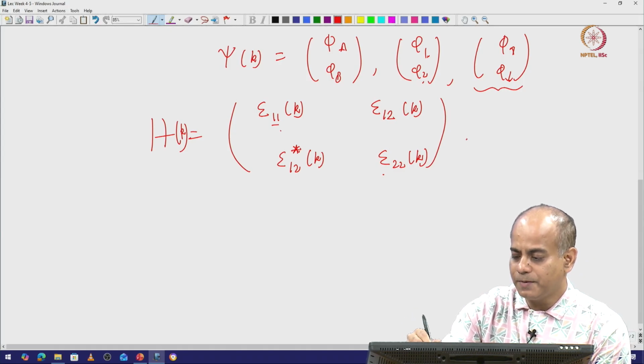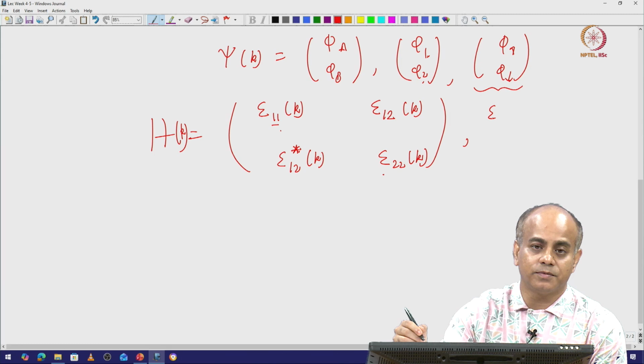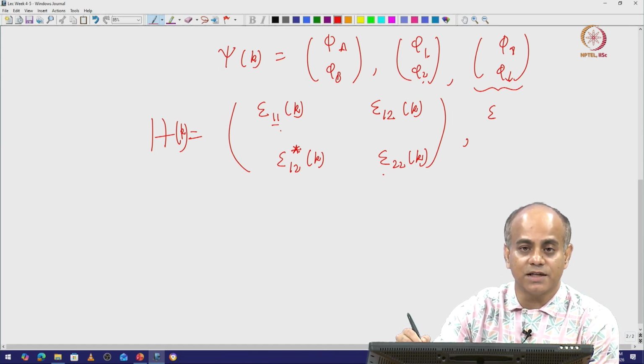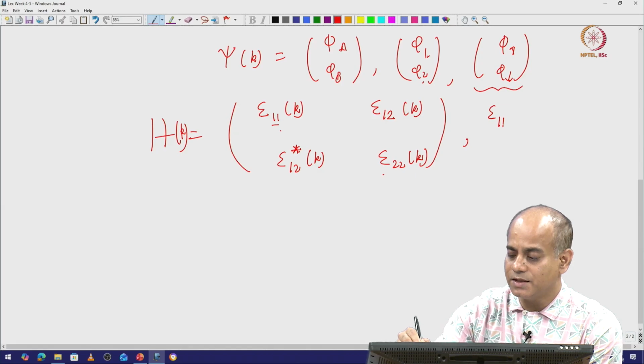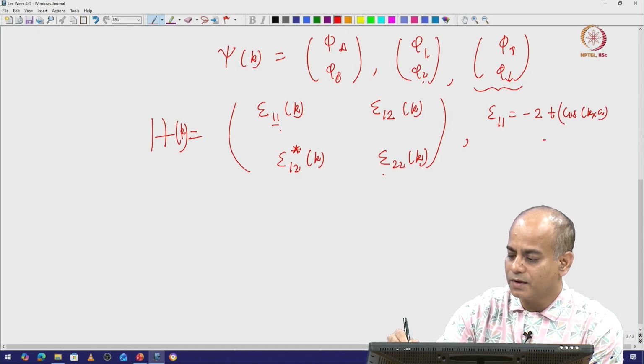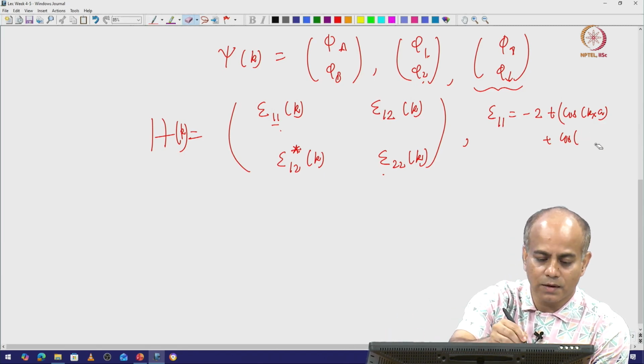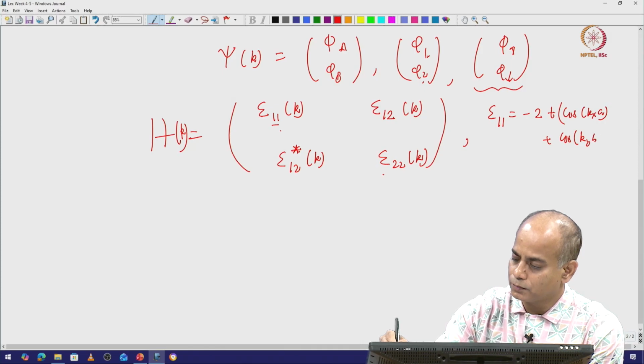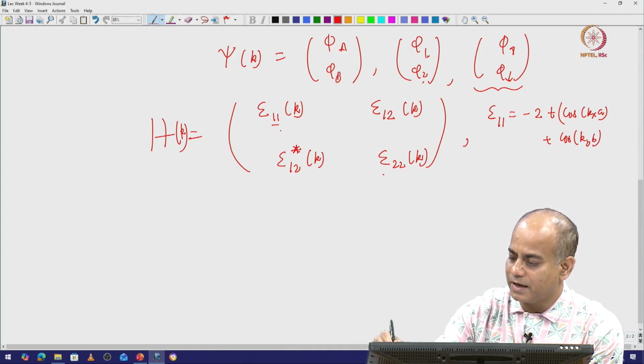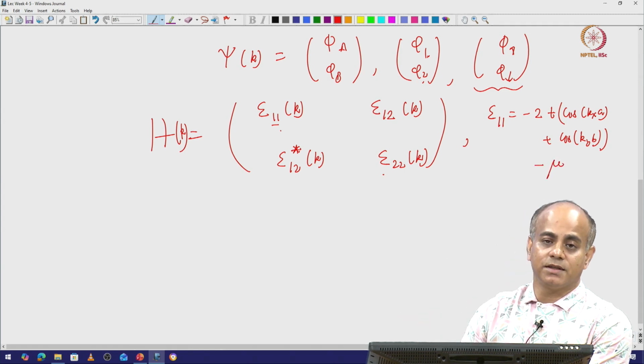Typically, and for different lattices things will change, but let us just assume some square lattice. Typically, this will look like minus 2 t cos kx a plus cos ky b. You can even have higher dimensions and so on, and minus the chemical potential.